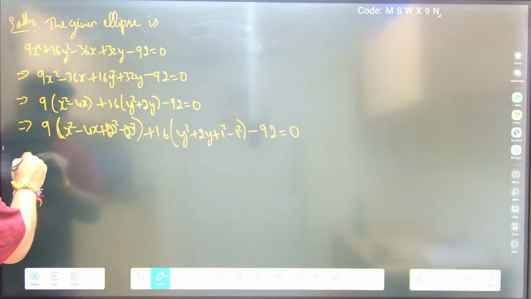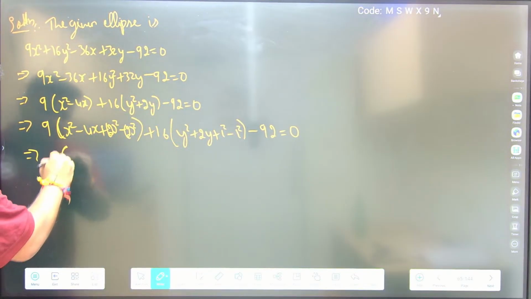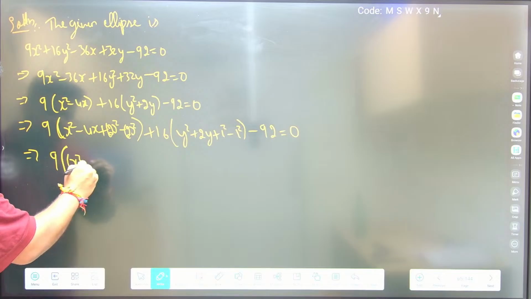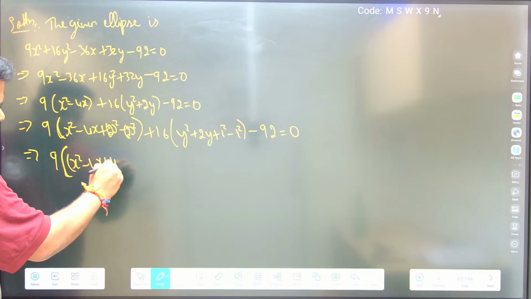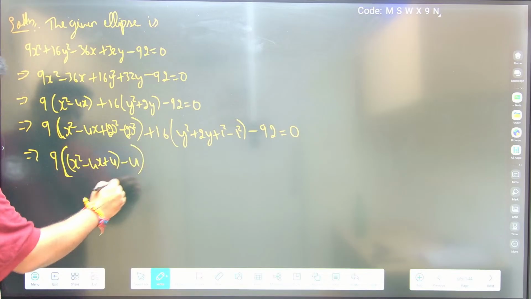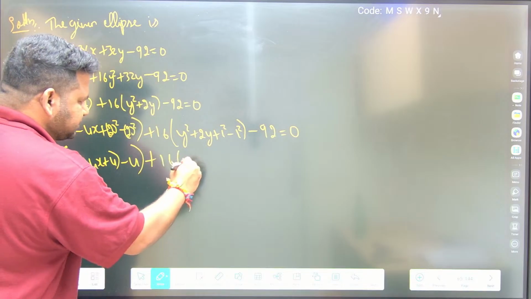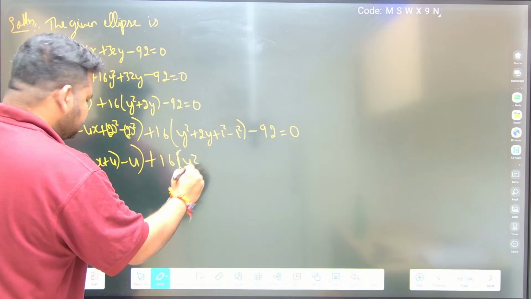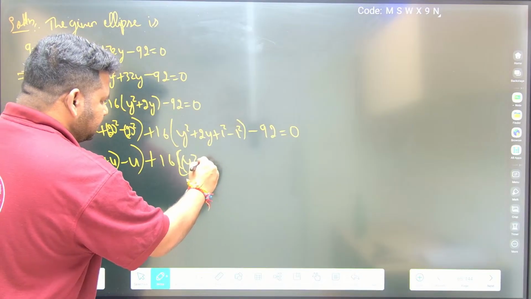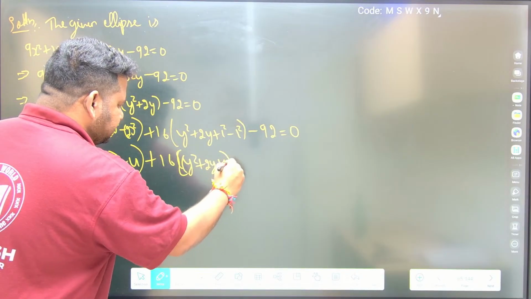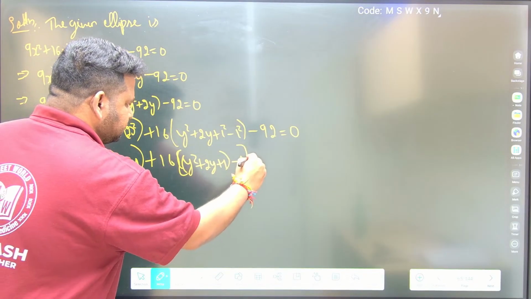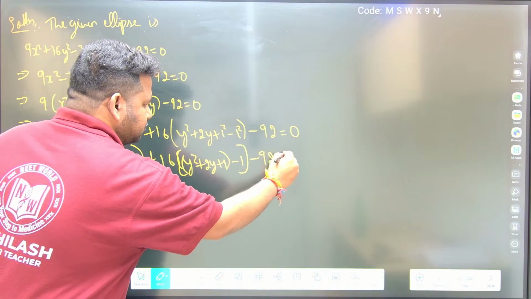Now I will write this as 9[x² − 4x + 4 − 4], keeping the minus 4 outside the bracket, and 16[y² + 2y + 1 − 1], with minus 1 outside, equal to 0.